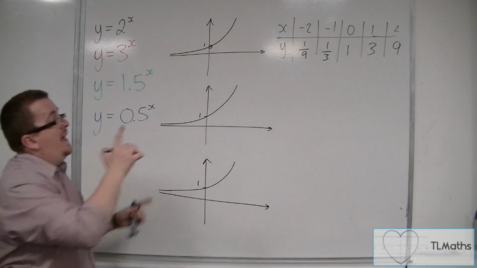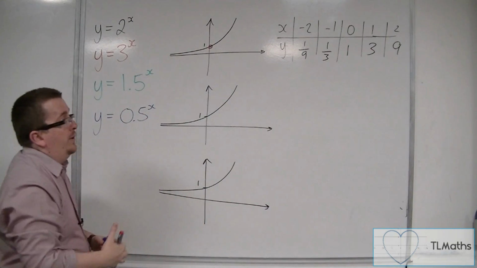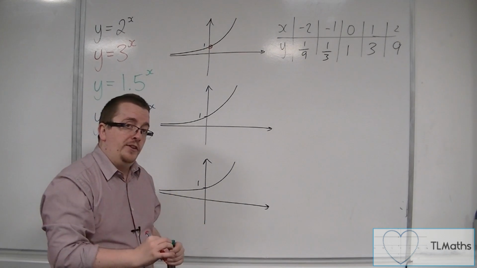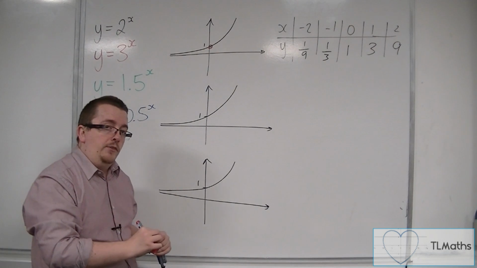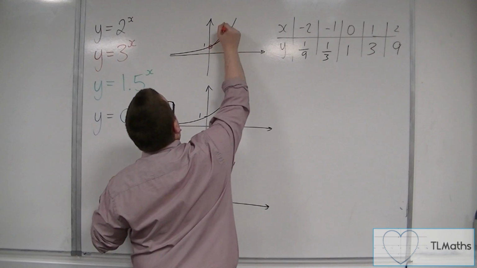And as x increases, so 1, 2, 3, 4, y is increasing 3, 9, 27, 81, and is actually increasing faster than 2 to the x. And so because it's increasing faster, the curve will be steeper.